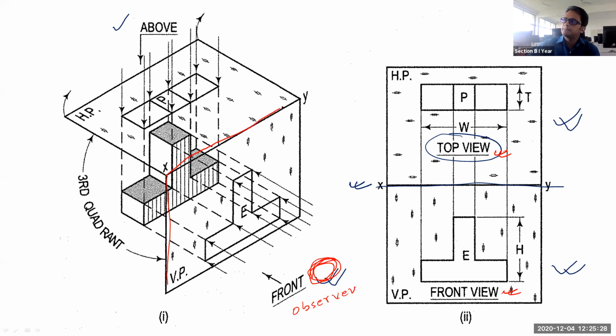This is your plane of projection where you are getting this projected image, this T shape, okay, and this is your actual object. Actual object is located over here.